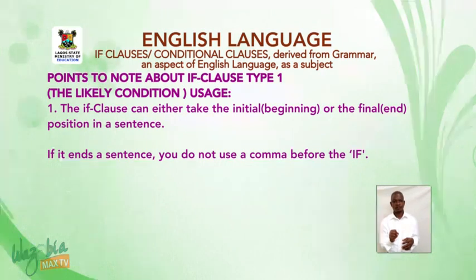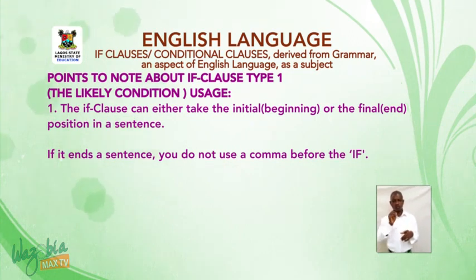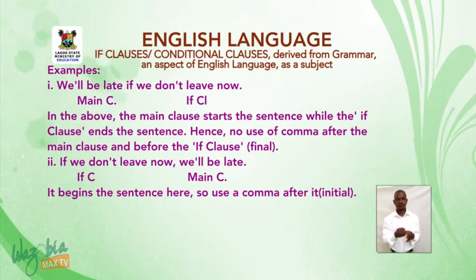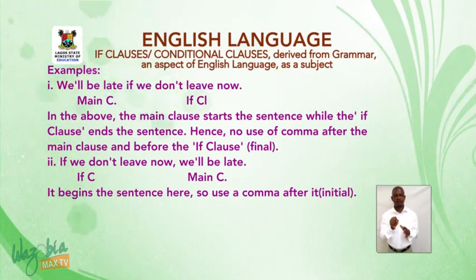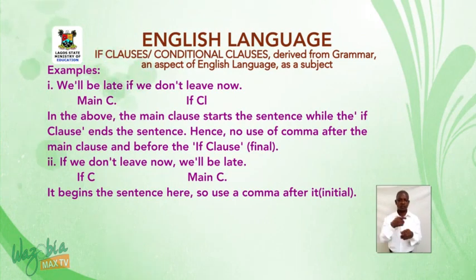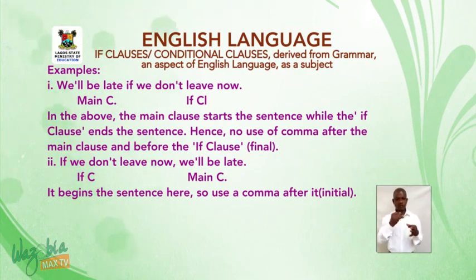If it ends a sentence, you do not use a comma before the if. Examples. 1. We'll be late if we don't leave now. In the above, the main clause starts the sentence while the if clause ends the sentence.